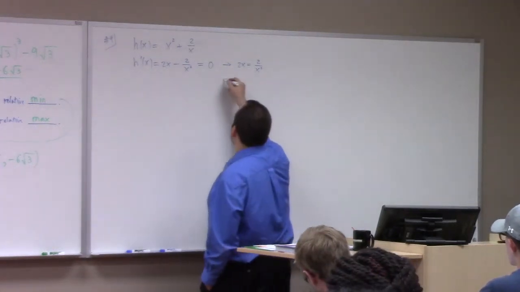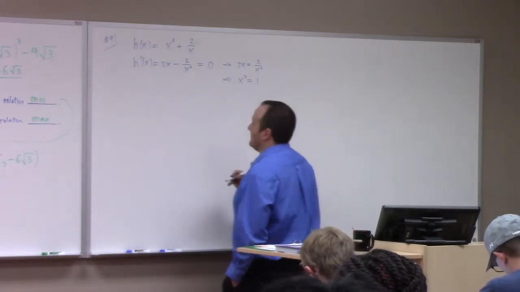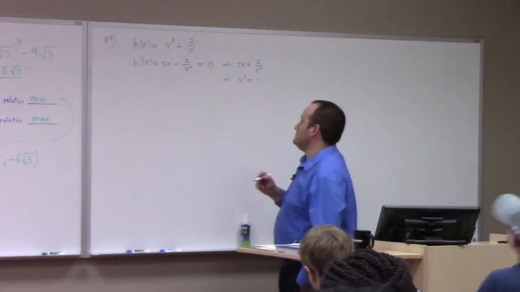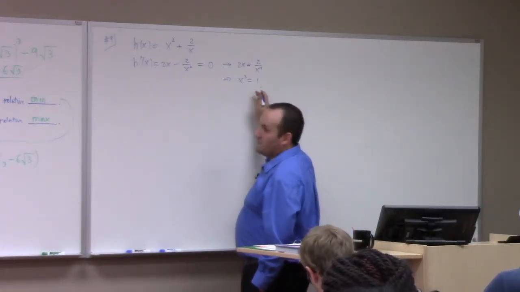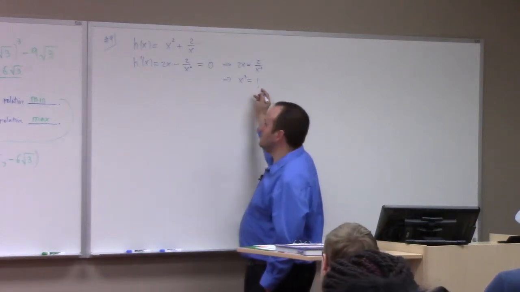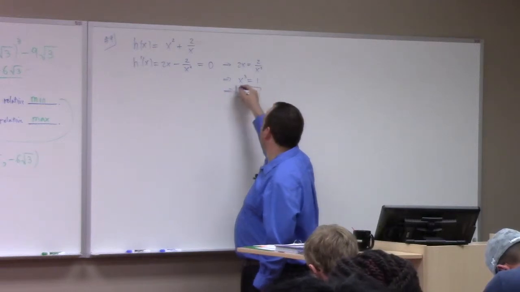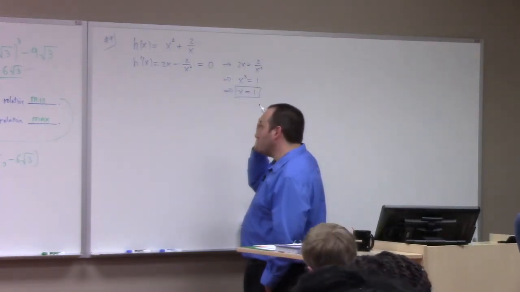Which tells me then that x cubed is equal to 1. And the only real solution to that is what? Yeah, cube root of 1, just x equals 1 is the only solution there.